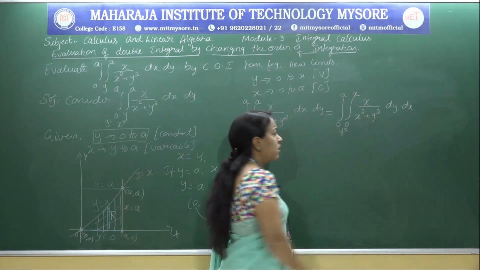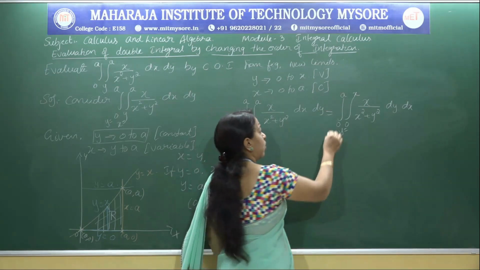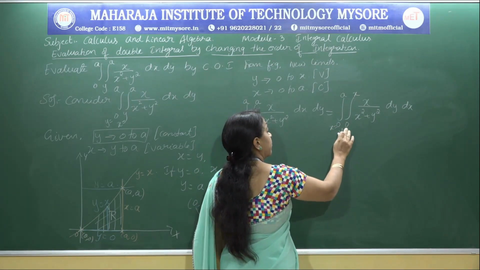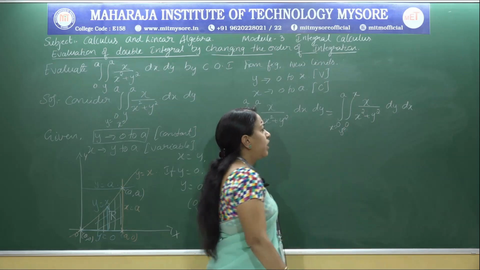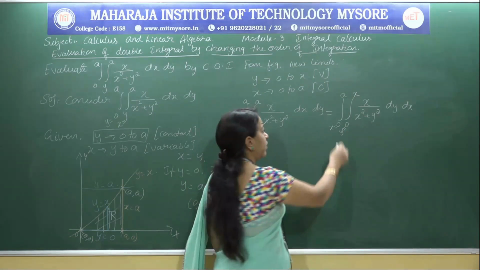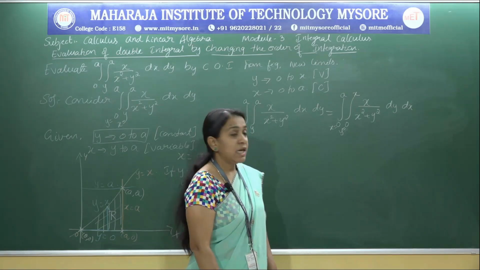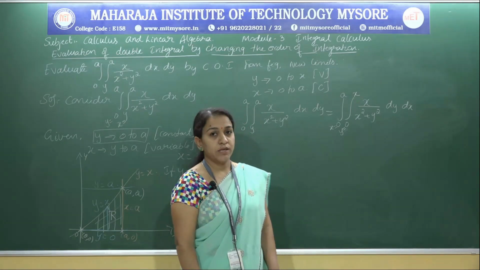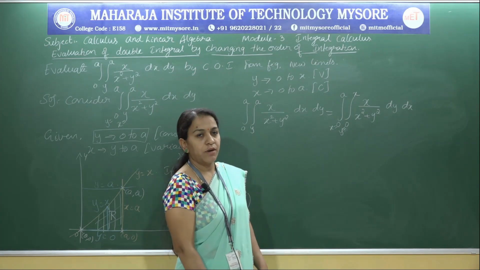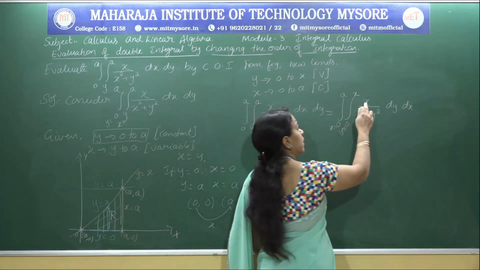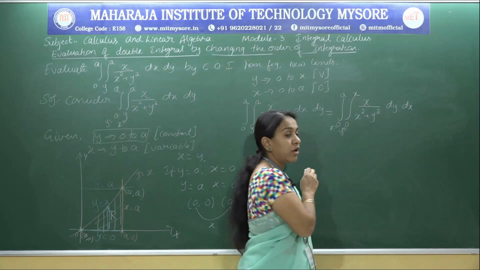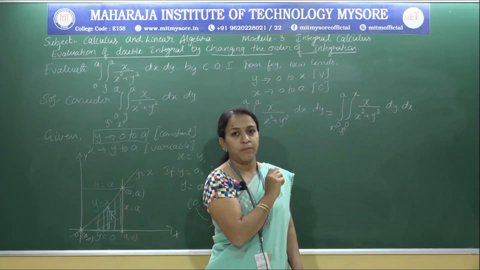So the inner integral is a y limit and the outer integral is an x limit: x varies from 0 to a and y varies from 0 to x. Now, keeping x as a constant, x is in both numerator and denominator. We are considering x as a constant and integrating with respect to y.